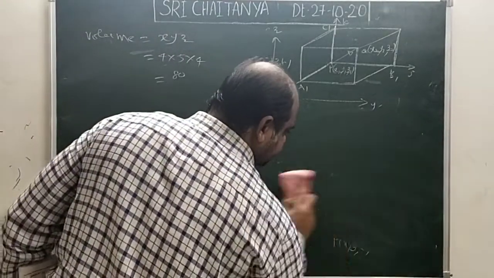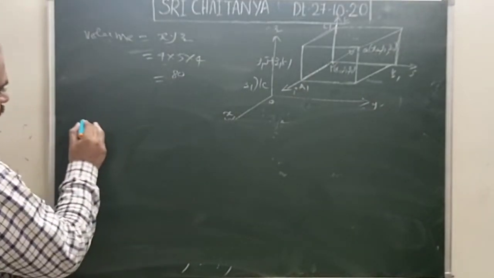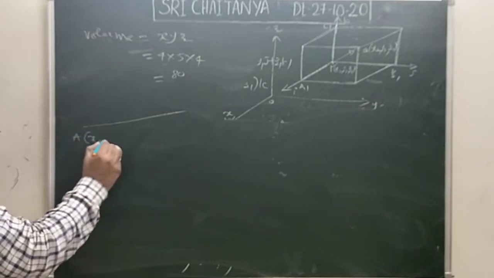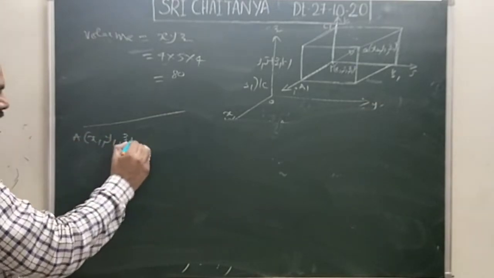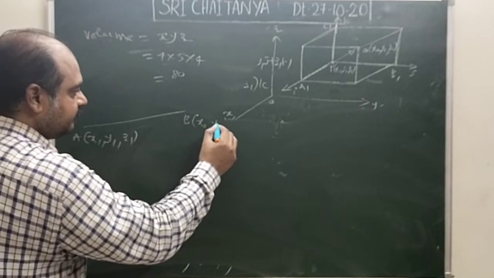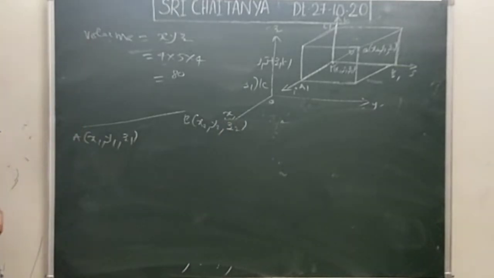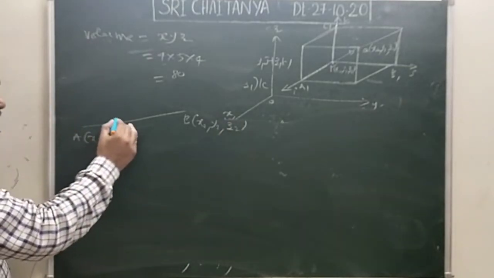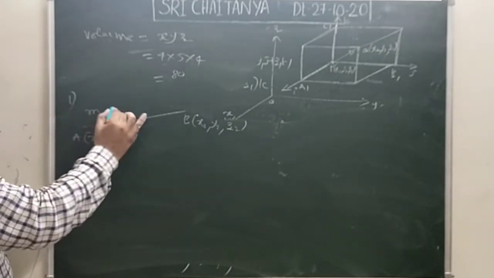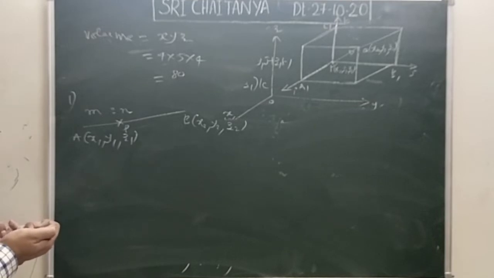Look at the next concept. Suppose a line segment is there, with endpoints (x1, y1, z1) and (x2, y2, z2). Suppose a point P is there which divides it in the ratio m:n internally.